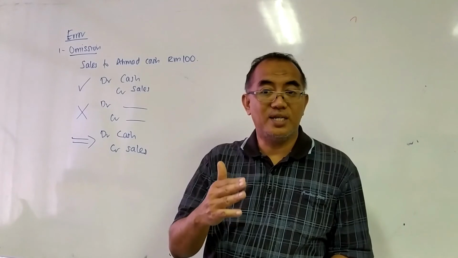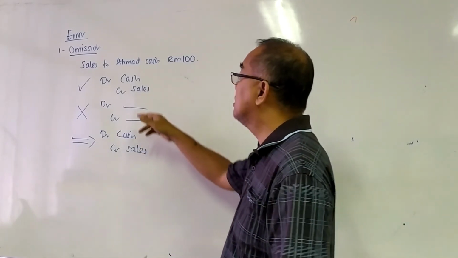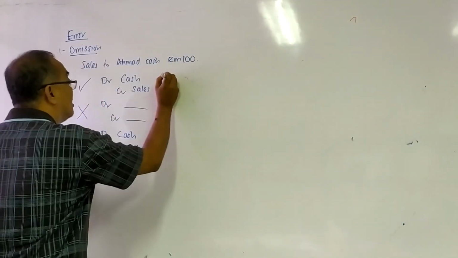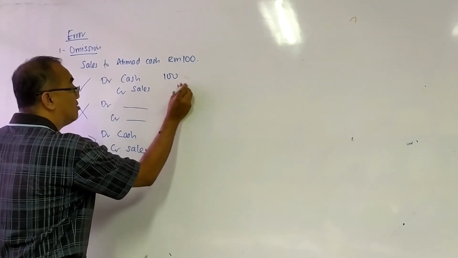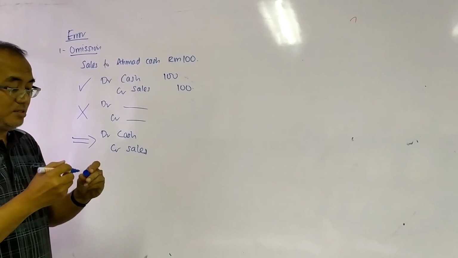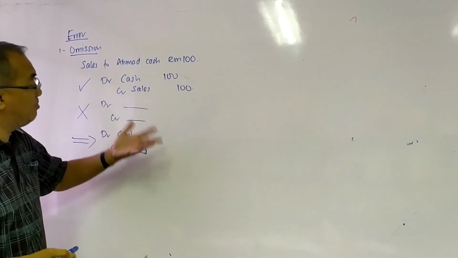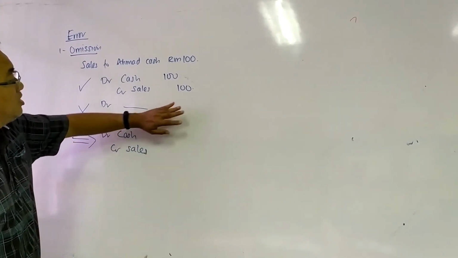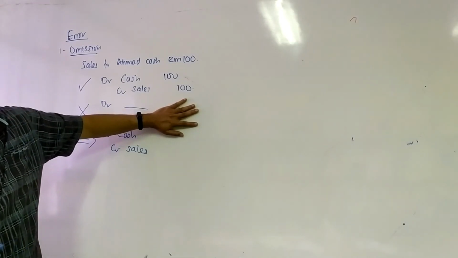Why does it still balance? Because if you debit your cash 100 and credit your sales 100, that balances. But it still balances here because you didn't write at all. So no debit, no credit.